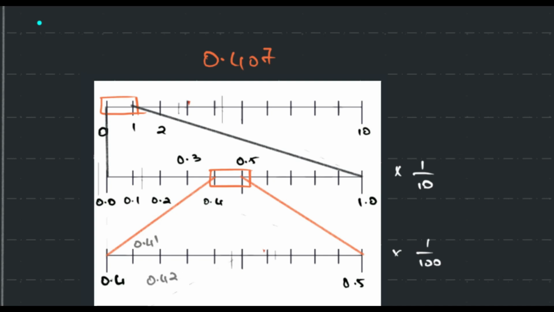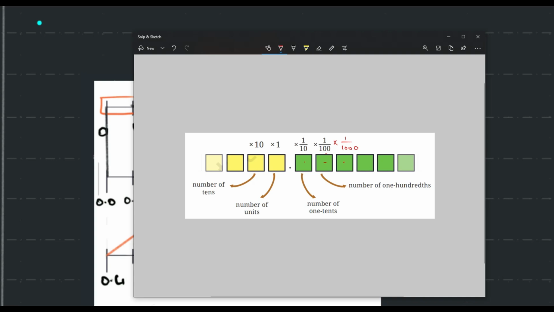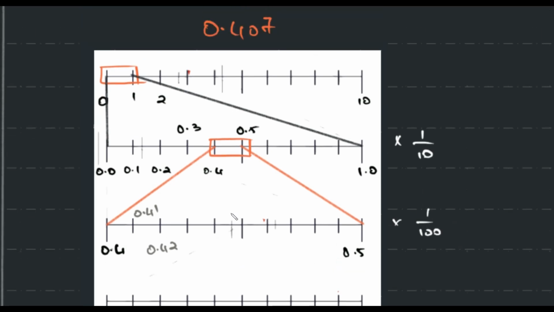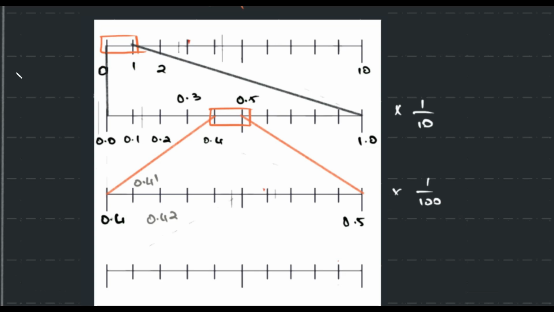100th position is, remember, this position, right? So let me kind of, yeah. So it's this position. So we are looking at 0.07. So 0.0, we want 0, right?